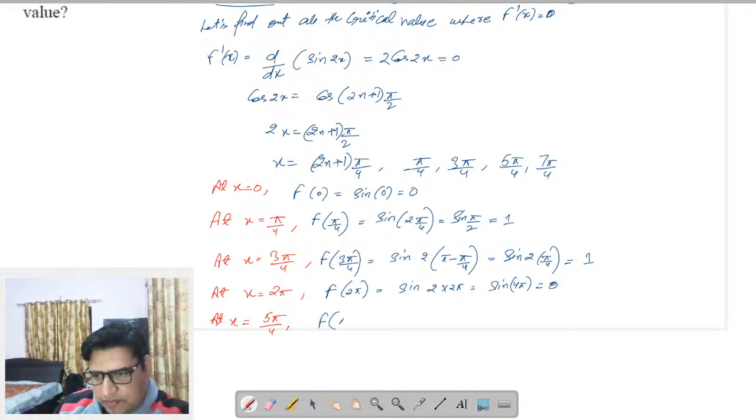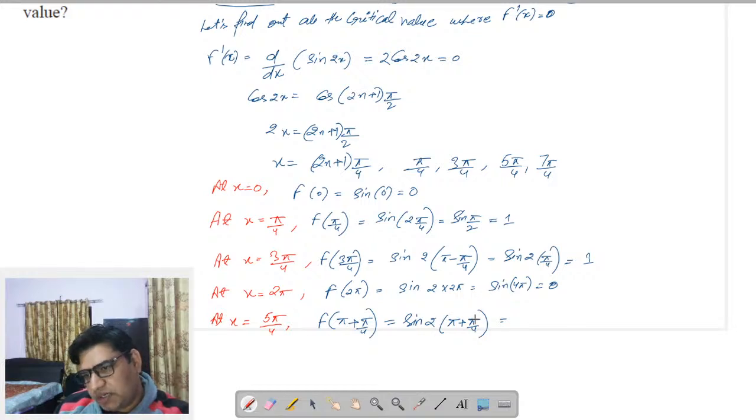So pi plus pi by 4, and that will be sin 2 into (pi plus pi by 4), which is 2 pi plus pi by 2, so that is sin pi by 2 only, so that will be 1. Okay, and now let's try to find out the value of the function at 7 pi by 4.